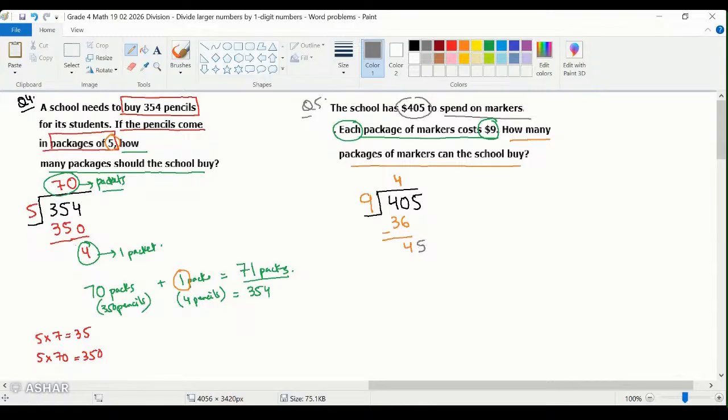Can we divide 45 by 9? 9 times 5 is 45. We subtract, we are left with 0 over here, right? So that means how many packets do we need to buy? If each packet costs $9 and we had this much money, that means 45 packs of markers can be bought.